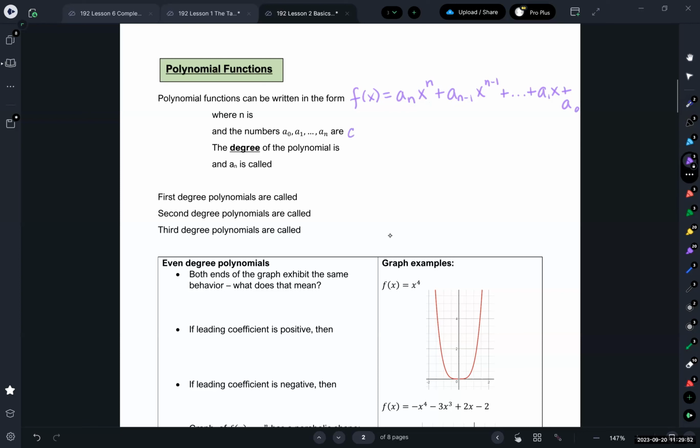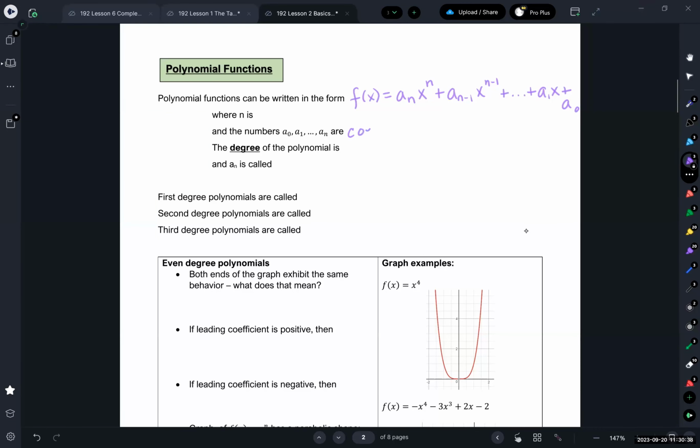So I just mentioned this word, coefficients. That's what we call all those numbers in front of the x powers. And n itself, that highest exponent we have, first of all, is a positive whole number.